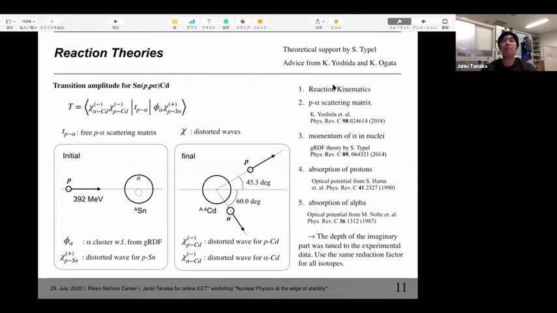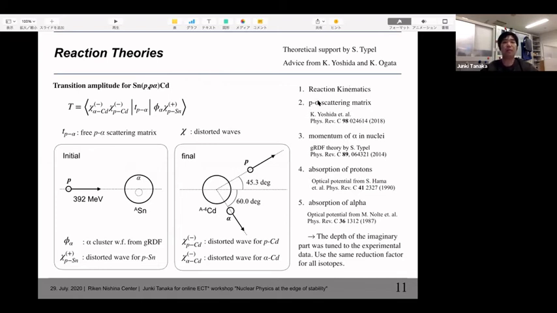The first point is that we properly take the reaction kinematics into consideration. We collectively treat the slight differences coming from the target mass or Q value difference in different isotopes.